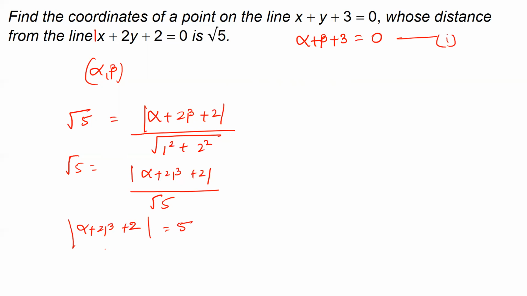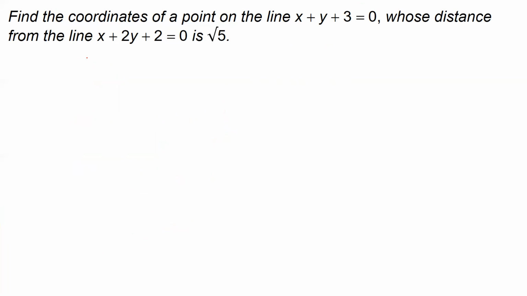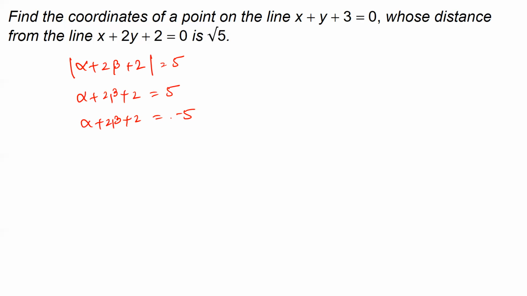Either alpha plus 2 beta plus 2 is plus 5, or alpha plus 2 beta plus 2 is minus 5. Remember, whenever we get rid of the modulus, we have to supply plus or minus on the other side.